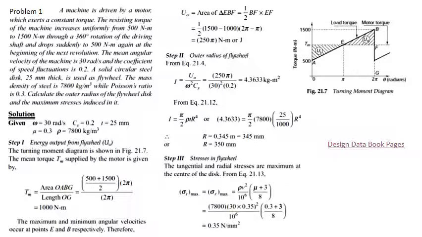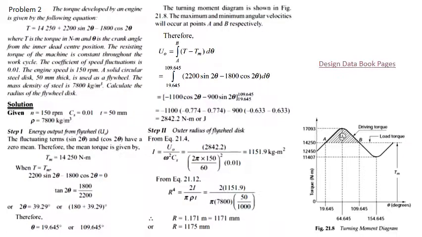Here these are the values of sigma t and sigma r, that is the tangential stress and radial stress in the disk at any radius r, when capital R is the maximum radius of the flywheel. But we are interested in finding the maximum stresses. Therefore, the maximum stress, that is tangential stress or radial stress, is equal to rho v square into (3 plus mu) upon 8, where mu is the Poisson's ratio.